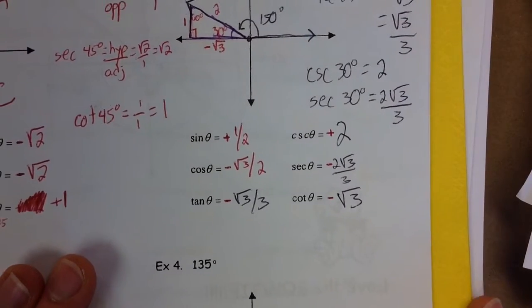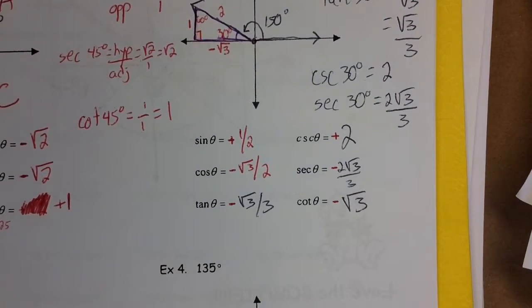Okay, therefore the cotangent is going to be negative radical 3. Good. I'm really glad you made that connection. Use all of your knowledge and understanding to help you with any given problem. Any questions on example 2? Great.